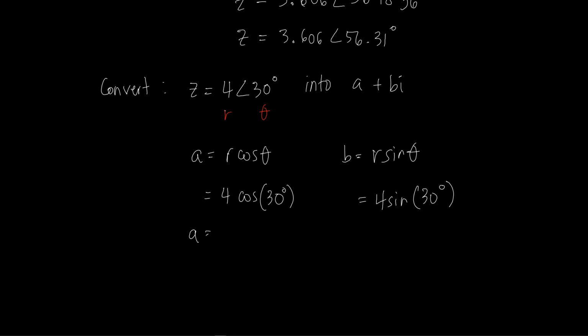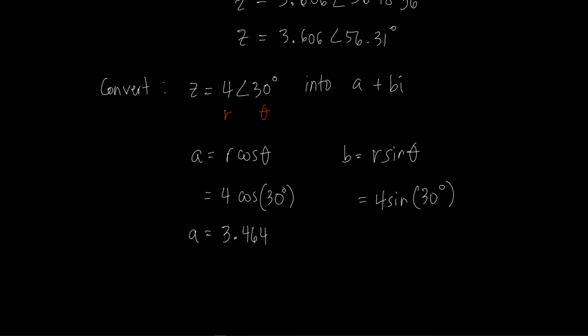Okay, calculate on the calculator. Cosine 30, that is... A, 3.46 is the answer. Ah, 3.464. Okay, 3.464.